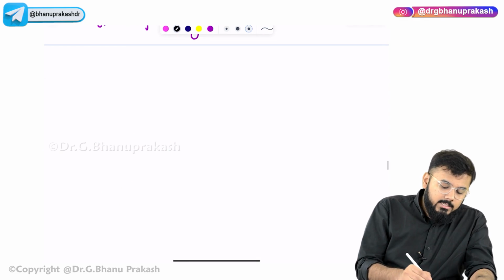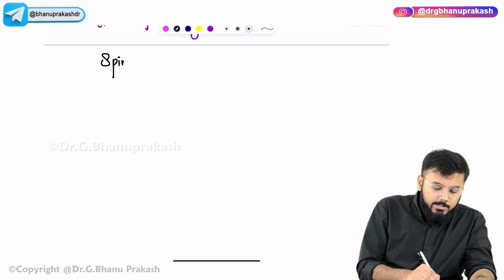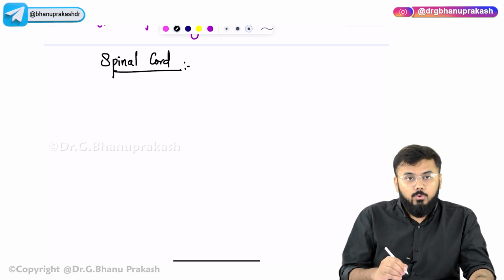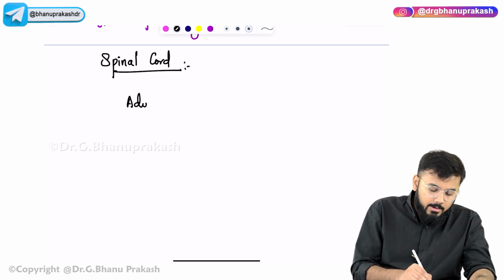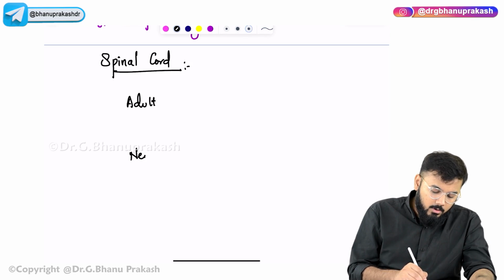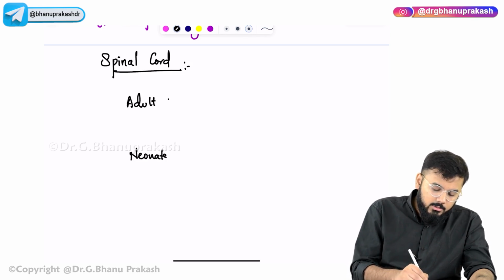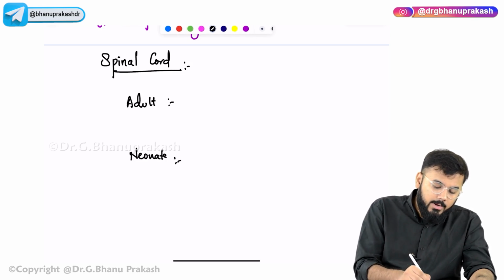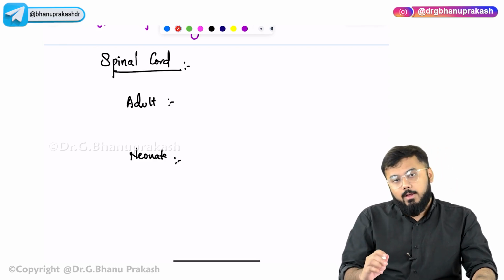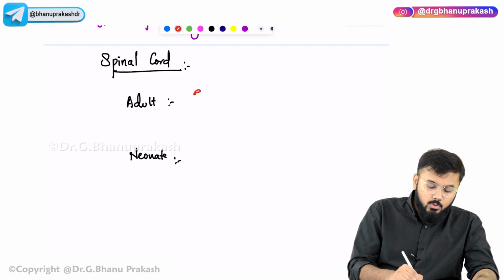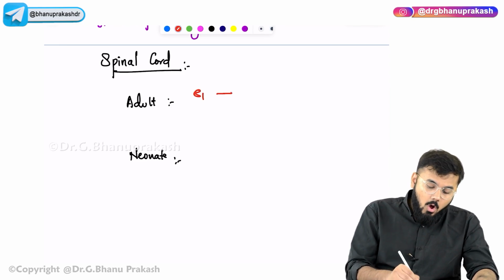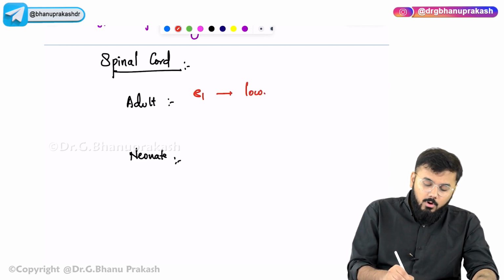Now, let us discuss the important concepts of the spinal cord. The first important thing to know is the adult spinal cord and the spinal cord in the neonate. In the adult, the spinal cord starts from C1 and extends to the lower border of L1.